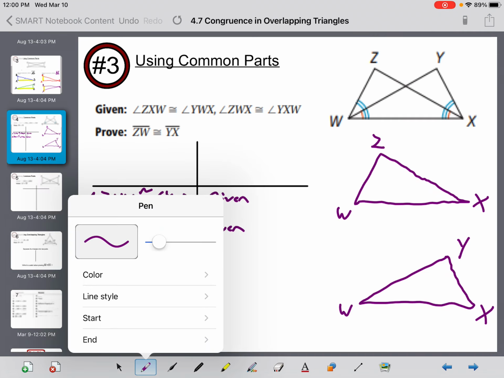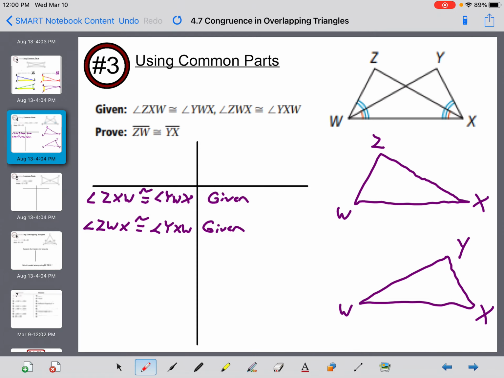So what they're telling us in these two givens is that ZXW right here is congruent to YWX, which is here. Secondly, they're telling us ZWX, which is this angle, is congruent to YXW, which is this angle.